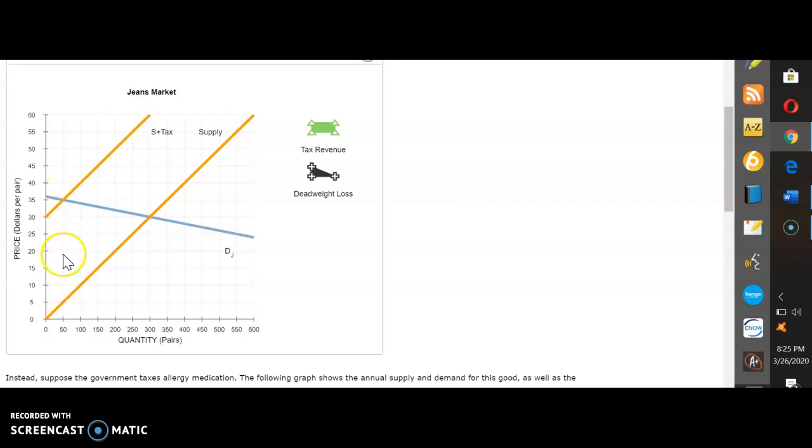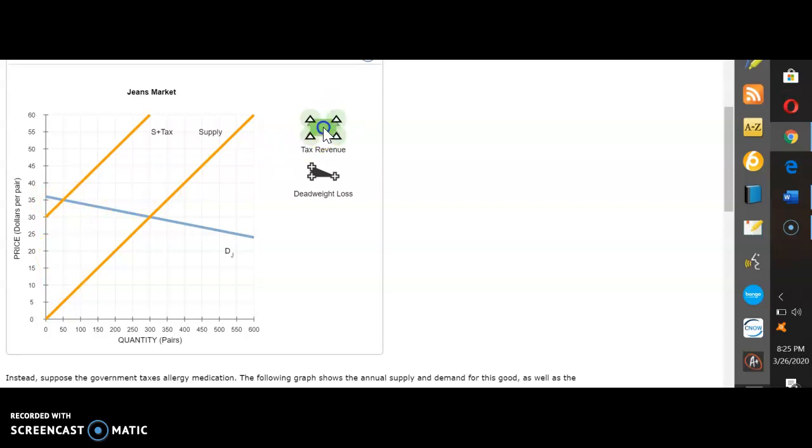So the tax revenue collected would just be this distance here, 50 units, times this distance here, the amount of the tax. So 50 times a $30 tax, there's our tax revenue.